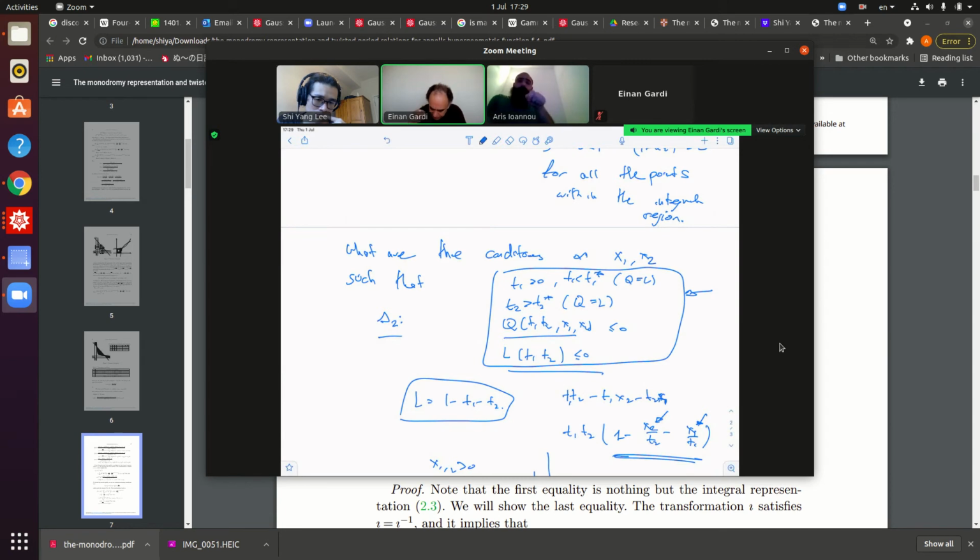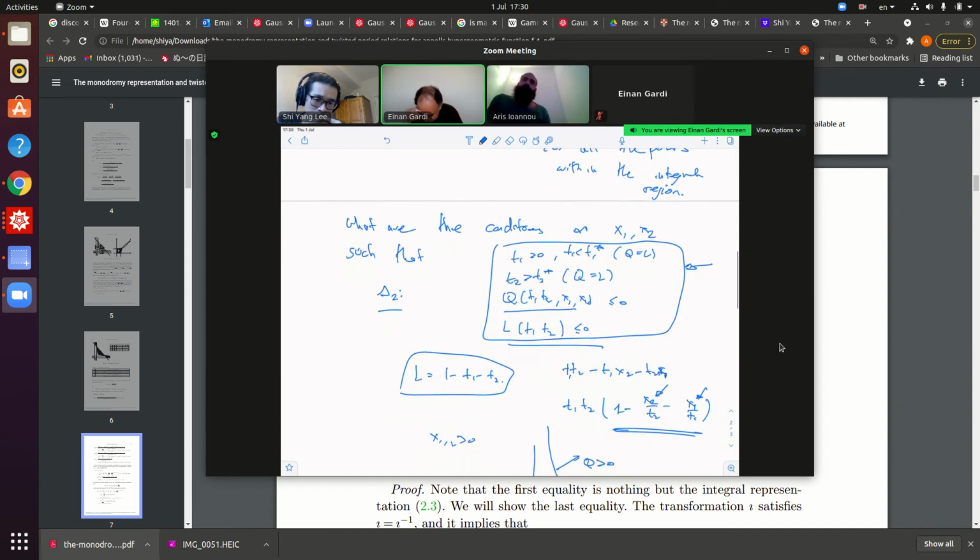Because if you do, you will be able to write the contour for T1 and T2. Yes, I should be able to write the contour and in principle integrate over it, but I'm still trying to formulate the question in a clean way.